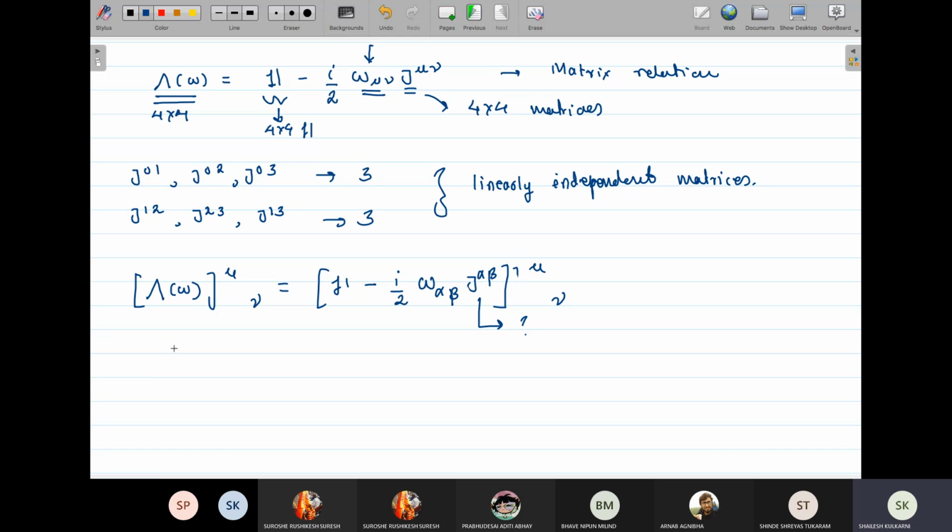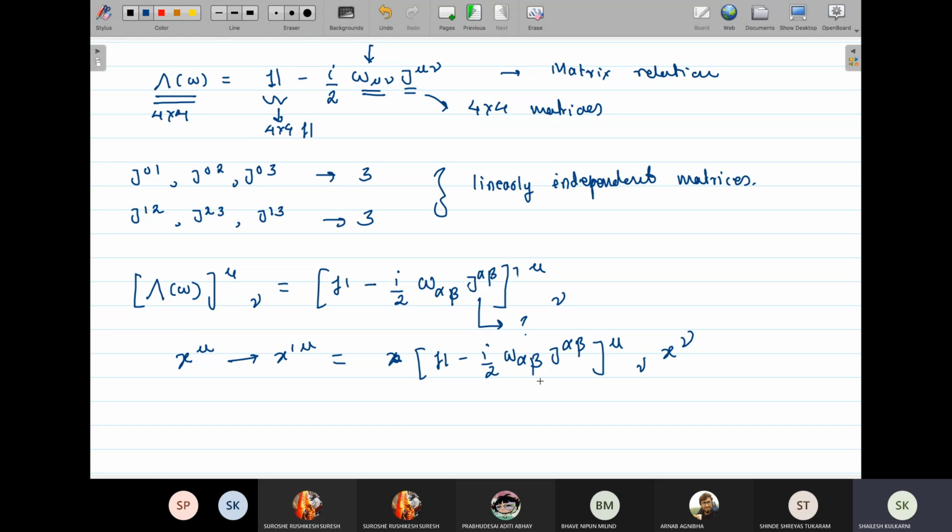So when this Lorentz transformation acts on a certain coordinate x mu, this will go to x prime mu. So this will be equal to this thing. Remember, there is a sum over alpha beta here. Okay, mu nu x nu. Clear?